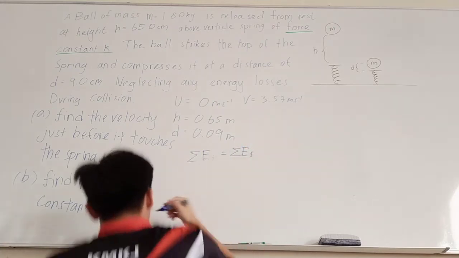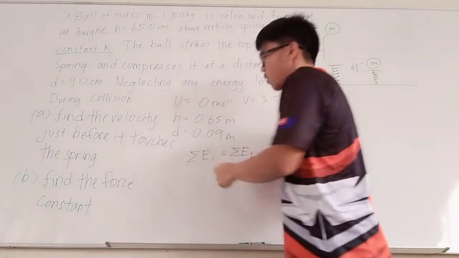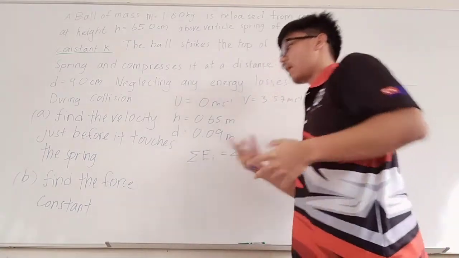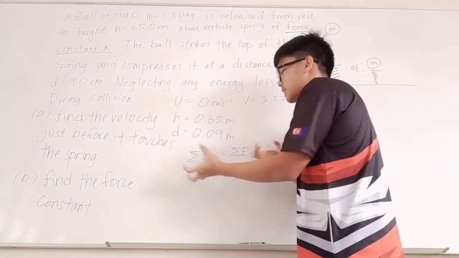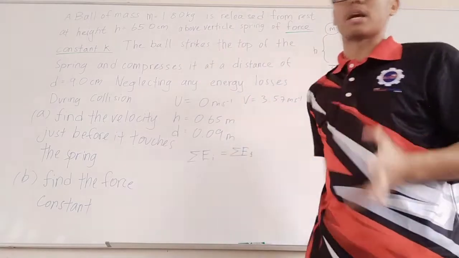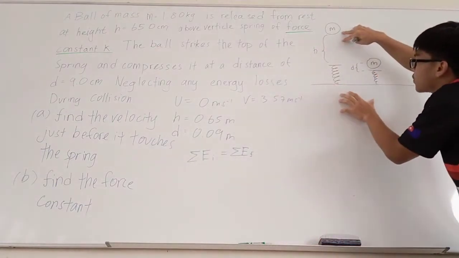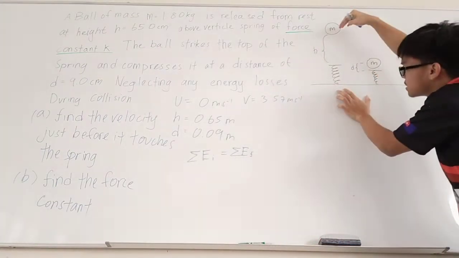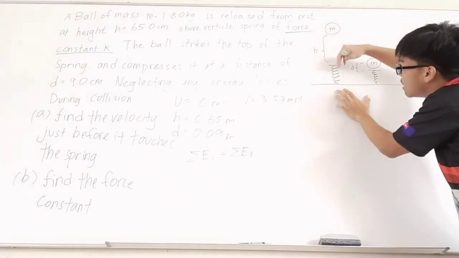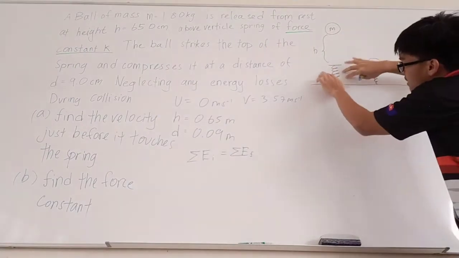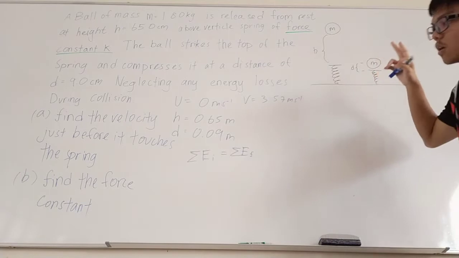We all know that the sum of energy initial is equal to the sum of energy final. This basically means whatever losses of energy there are, it's going to be the same if you add up all of them together. So the potential energy here is going to be the gravitational potential energy since it was dropped down, and then there is the spring, so there is going to be a potential energy of spring.